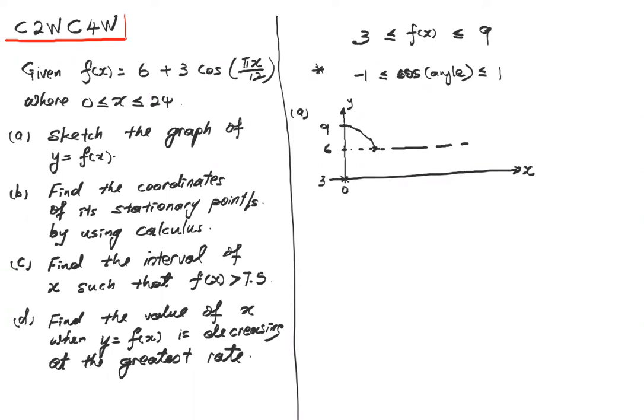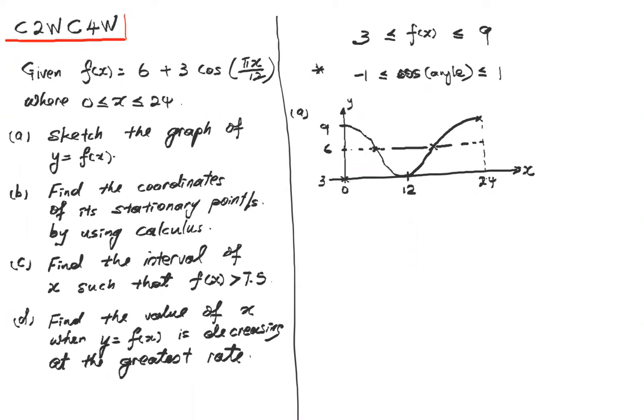So that will be the inflection point, and it will go down like that. It will go up. This is increasing at the fastest rate, then it will go down, up. So this will be one cycle. Here is 24. This here is half of the cycle. Here is 12.